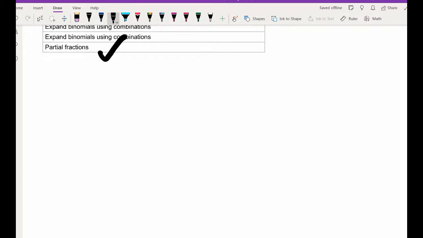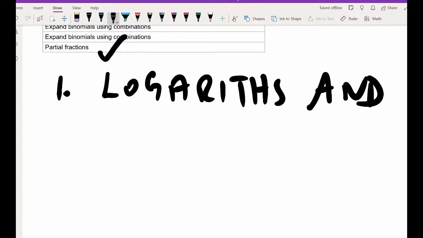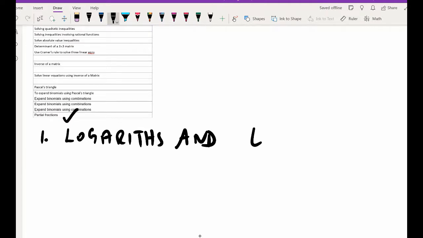So this is the introduction part, and as part of introduction, I'm going to introduce to you laws of indices, and that is exponents, and this is part of logarithms and exponents. So let us start by saying that we are going to look at logarithms and exponents.